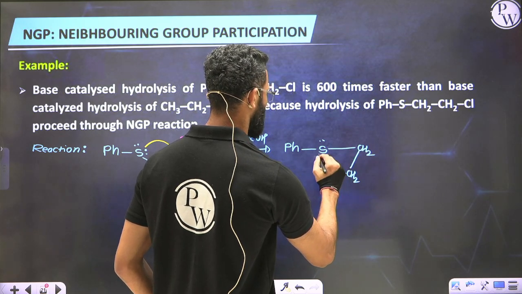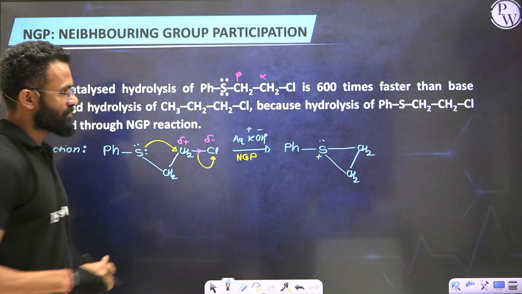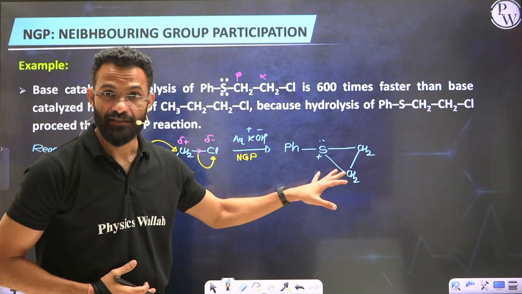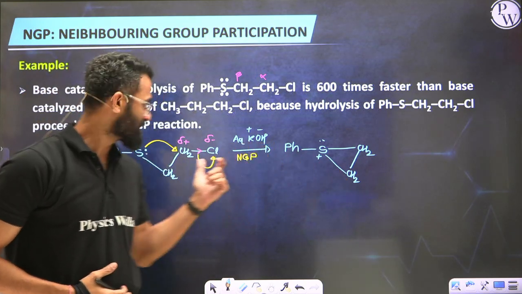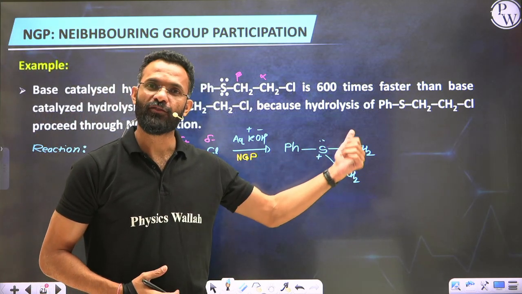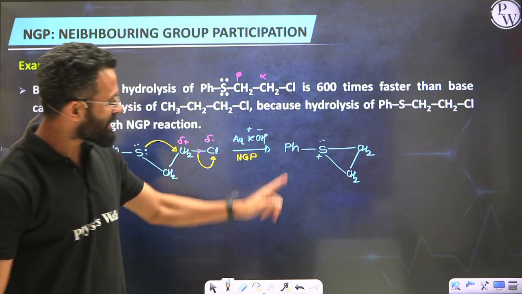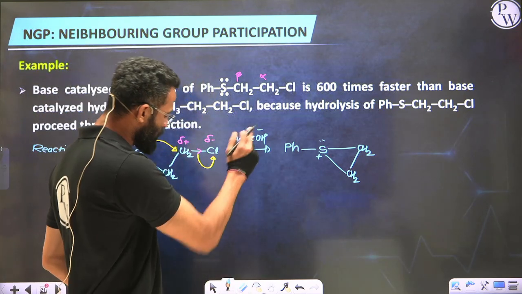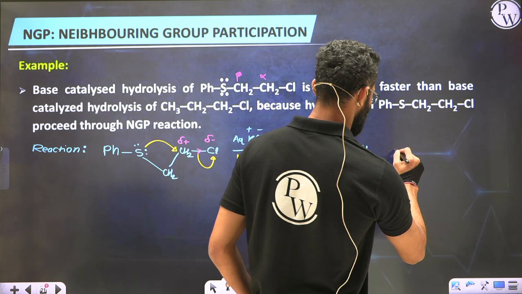Where sulfur will carry positive charge. So we got a cyclic intermediate. So that's what we mentioned in the introduction. The neighboring group participates to form the cyclic intermediate of 3, 4, 5 or 6 member ring. Once you get the cyclic intermediate, now the nucleophile is all set to attack.